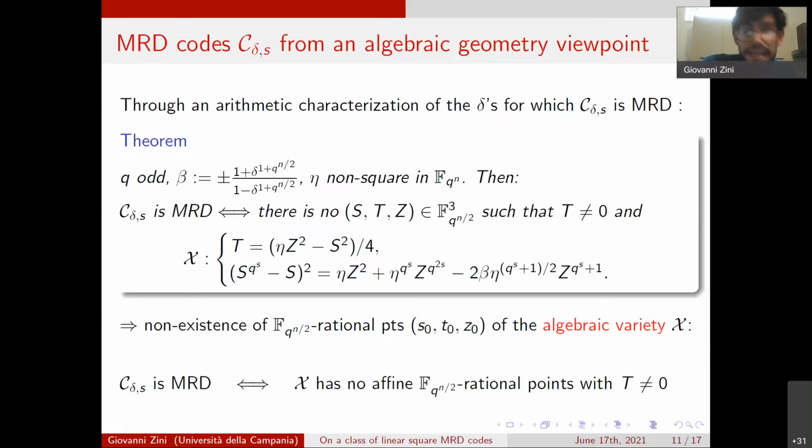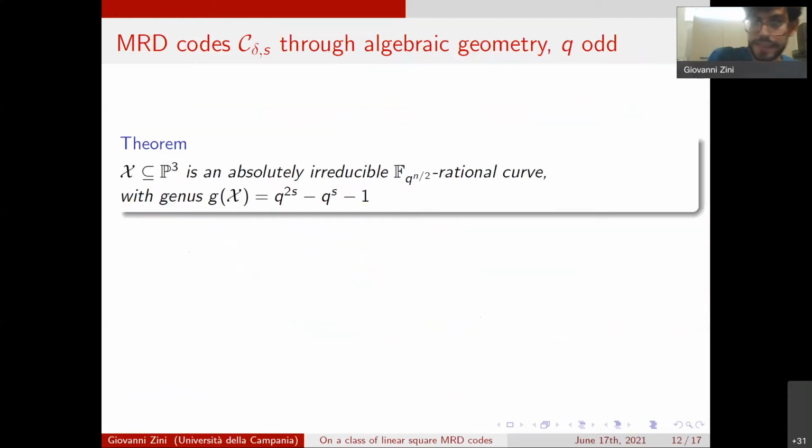And then we can translate the MRD property into the non-existence of affine points with coordinates in F_{q^{n/2}} of this variety X. And then we applied the algebraic geometry machinery. In particular, we were able to show that this variety has dimension 1, it is a curve, and it is absolutely irreducible. And we explicitly computed the genus.